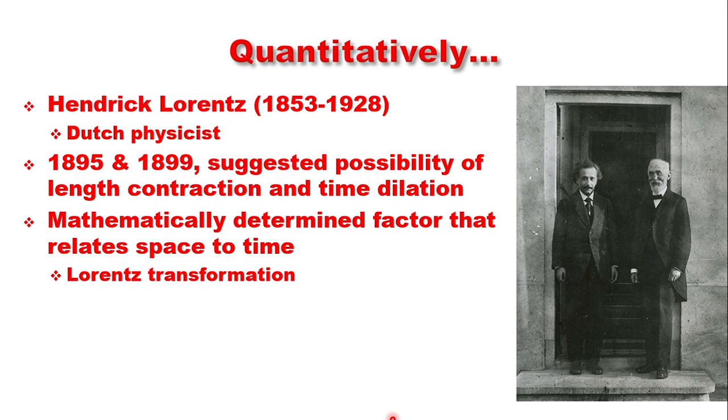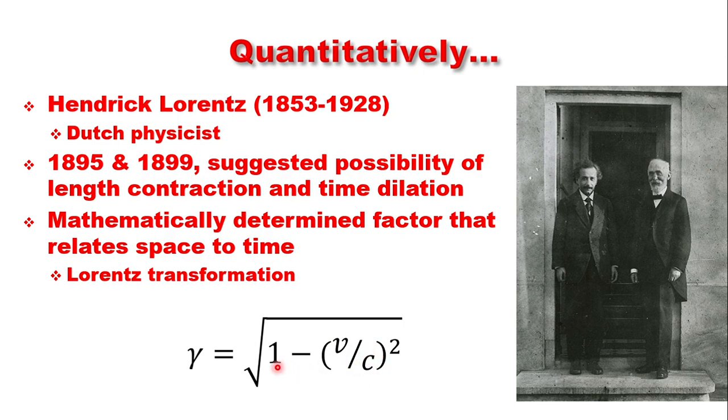This is called the Lorentz transformation, and it looks like this. You'll notice the symbol for it is gamma. And you'll notice that this part of the factor is relating the speed of an object to the speed of light.